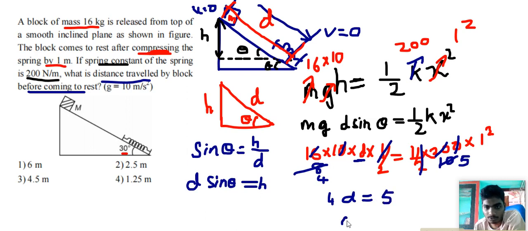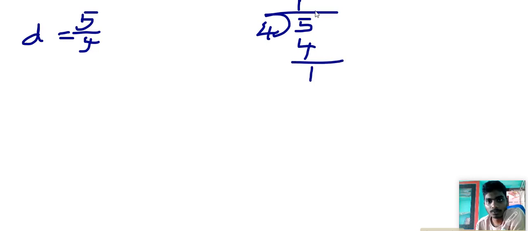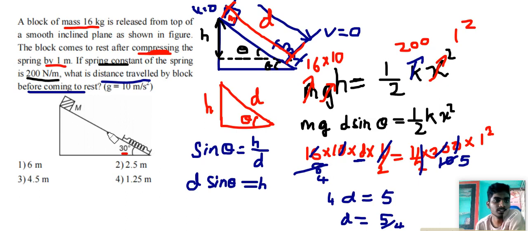So d is equal to 5 by 4, which is 1.25. So d is equal to 1.25, that is option 4, the correct answer for this question.